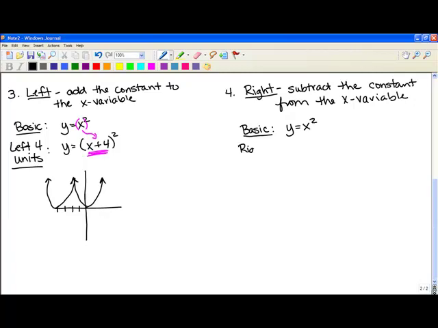And suppose that we want to move this graph to the right 2 units. The new function would be y equals, and where the x is, I need to subtract our number 2. So it would look like that. Same idea in that we are taking the x and subtracting the number from it.